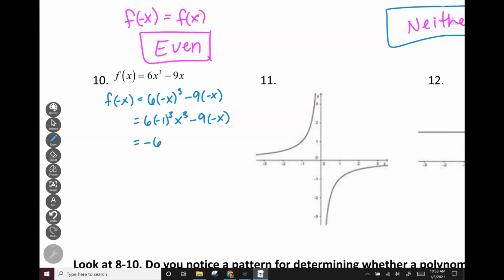When you have an odd power there, the negative will not go away. It will be part of the new function. And then negative 9 times negative x gives me positive 9x. All right, that is not equal to f of x, so it's not even.